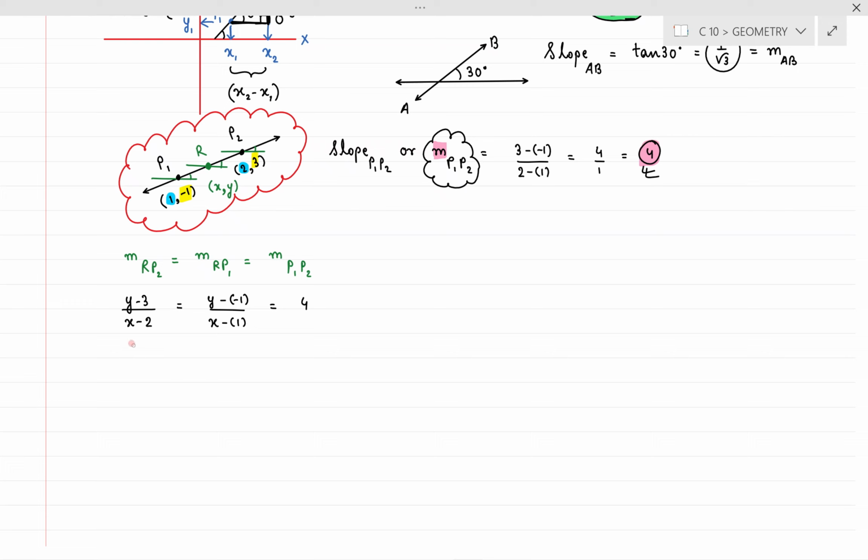You may consider any one of these two situations to get the equation of the straight line, and it will be the same for both situations.